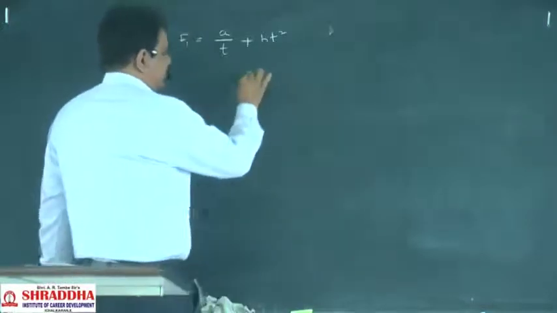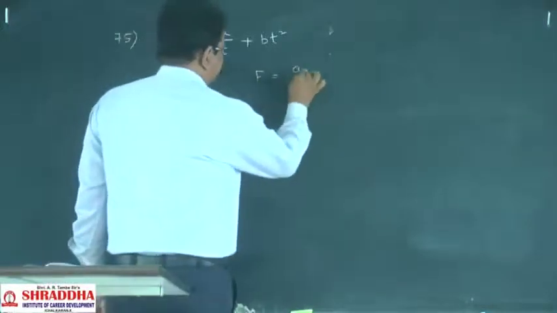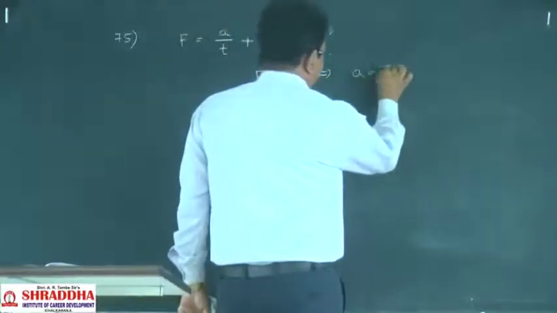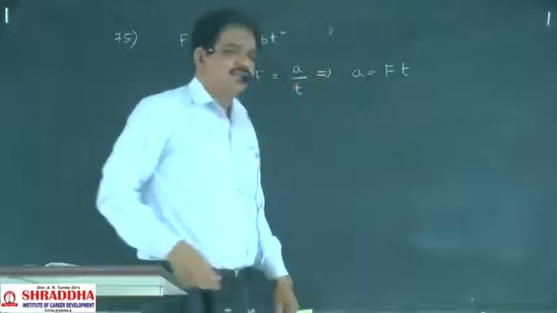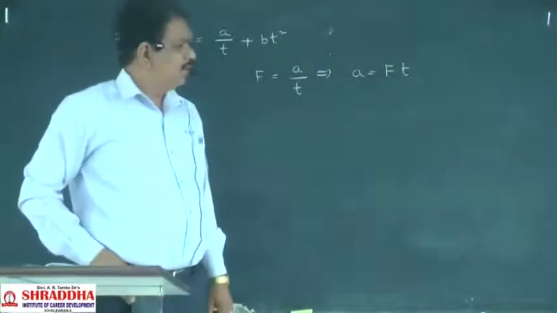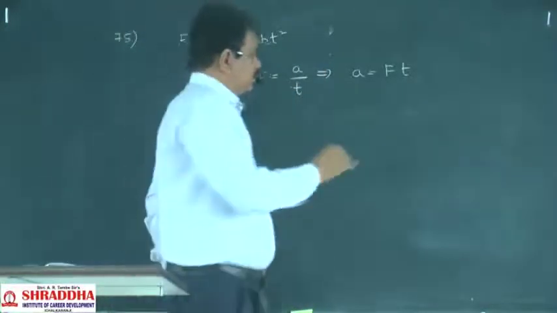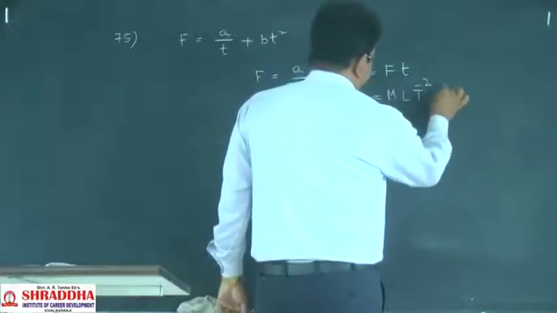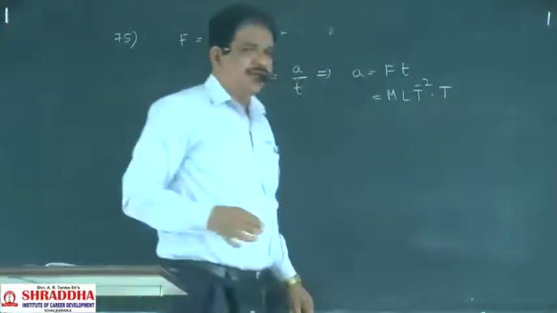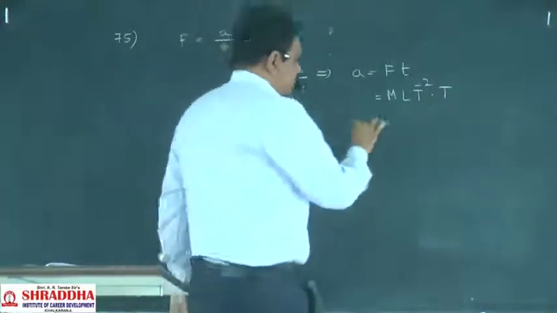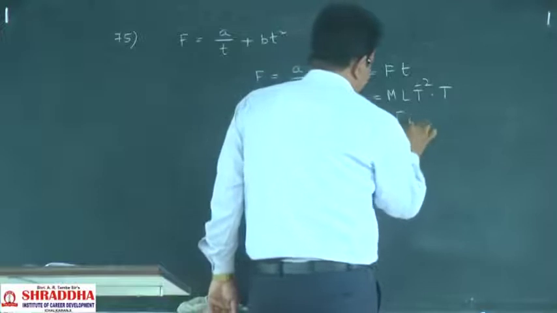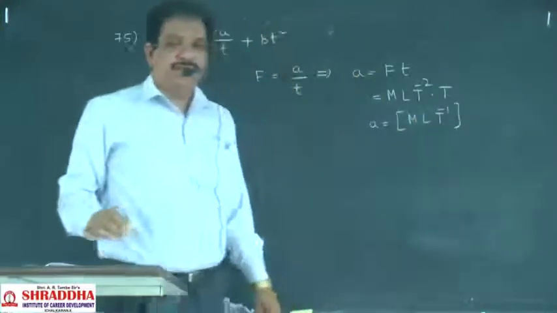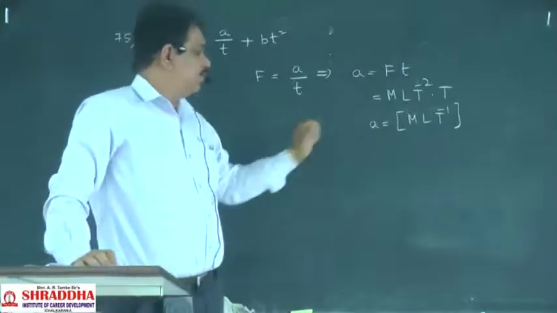So here F is equal to A by T. From this, A is equal to F into T. Clear? F is given as MLT power minus 2. T value will be T. Then A value will be MLT power minus 1. That is the A value.